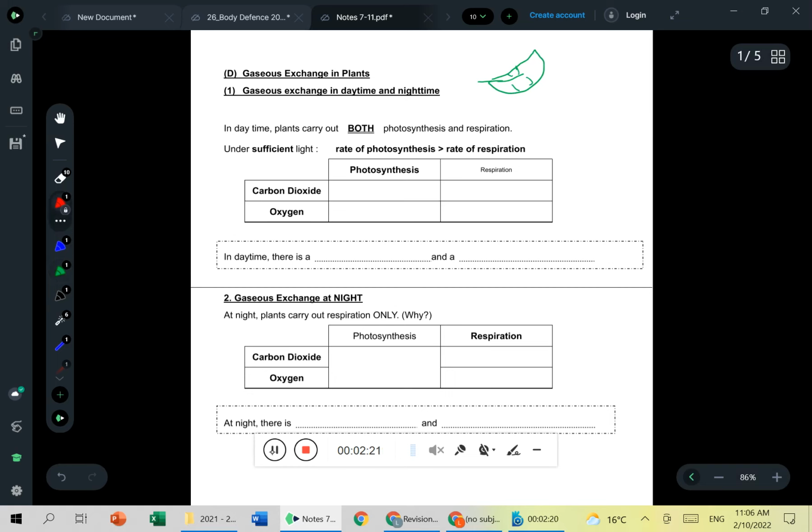A leaf carries out photosynthesis, but opposite to respiration, it uses CO2 but not O2, right? But it produces oxygen. So that's the difference in the type of gas going in and out.